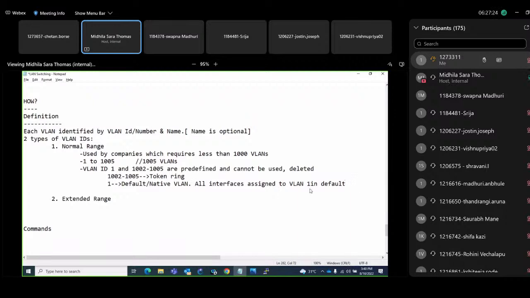So you are going to change it, no worries. If it is assigned to VLAN 1 and we didn't do any VLAN configuration, what's the use? We are going to change it. By default, it is in VLAN 1. Initially, we are going to change it according to our requirement. Okay, is it clear up to this for everyone?